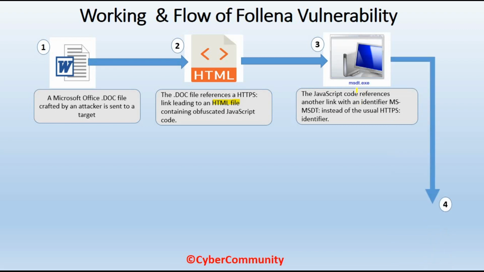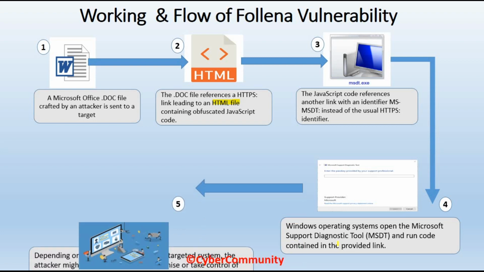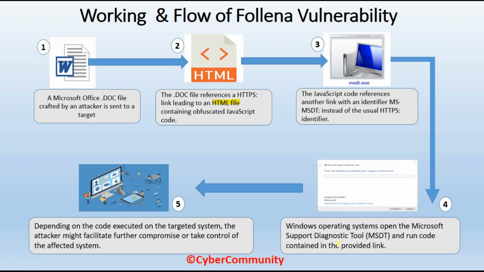So through this, the fourth step is that the Windows operating system opens the Microsoft Support Diagnostic Tool, MSDT, and runs the code. Whatever is in that file is going to execute. After the execution, it will go for remote code execution.